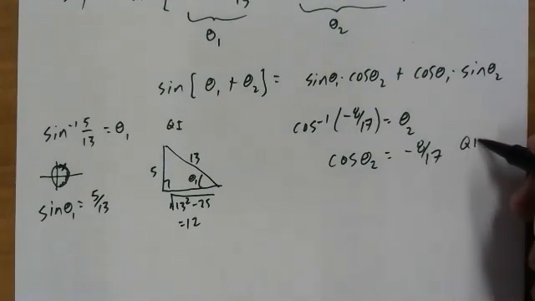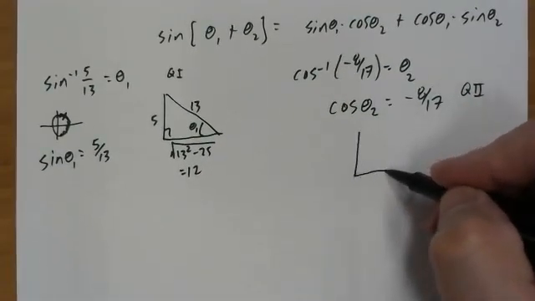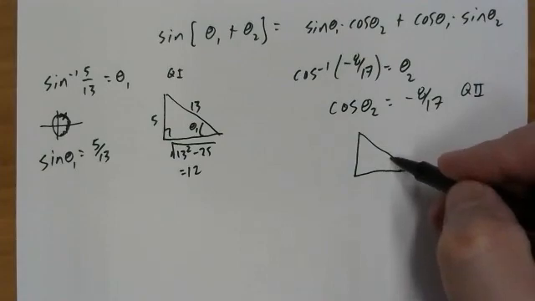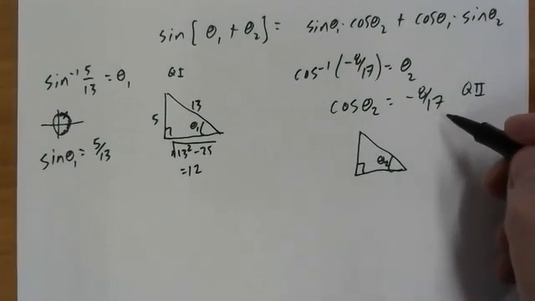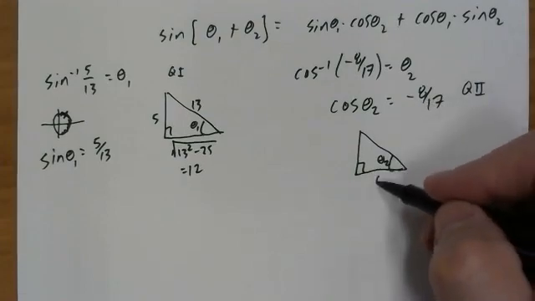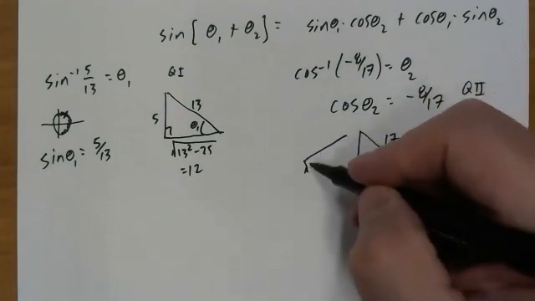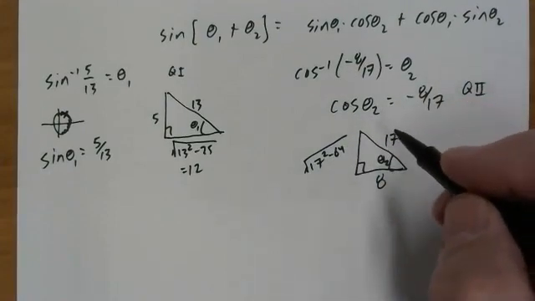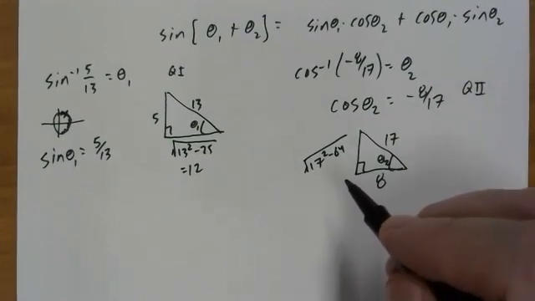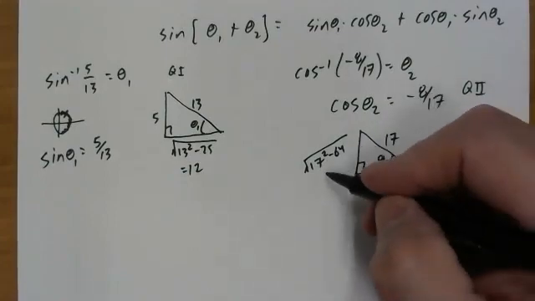I know that theta 2 is going to be in quadrant 2. I'm going to go ahead and create a right triangle for theta 2. And it's going to be 8 and 17. So 17 squared minus 64. And when you work this out, it ends up being 15.